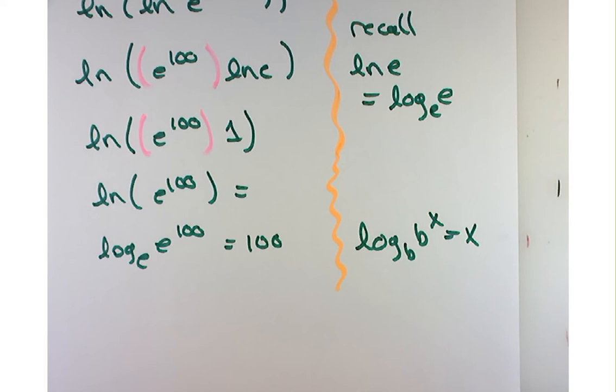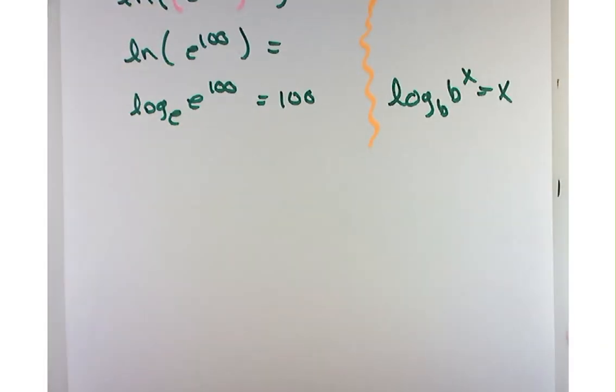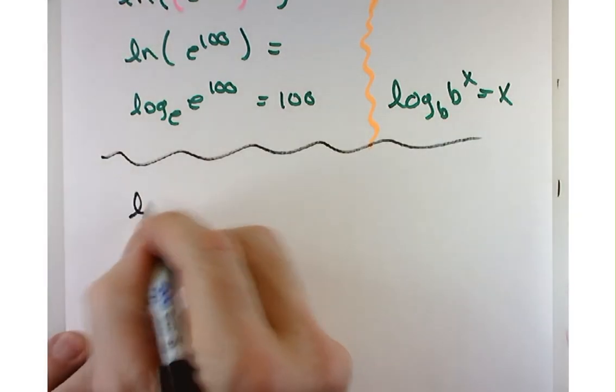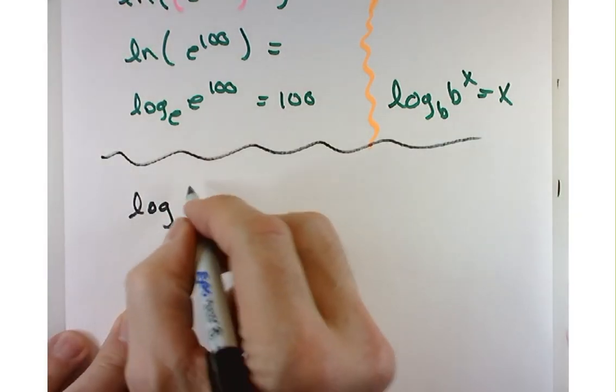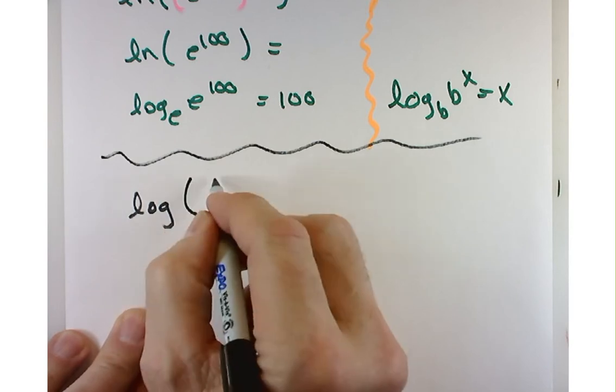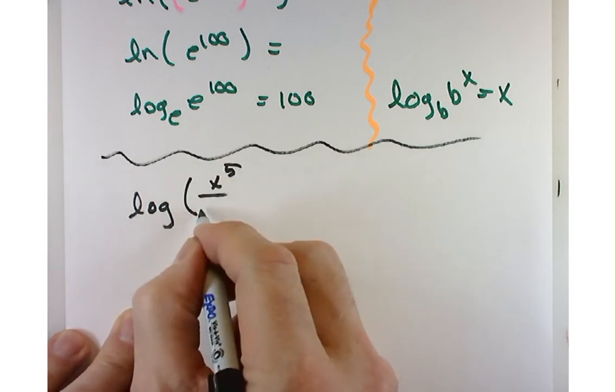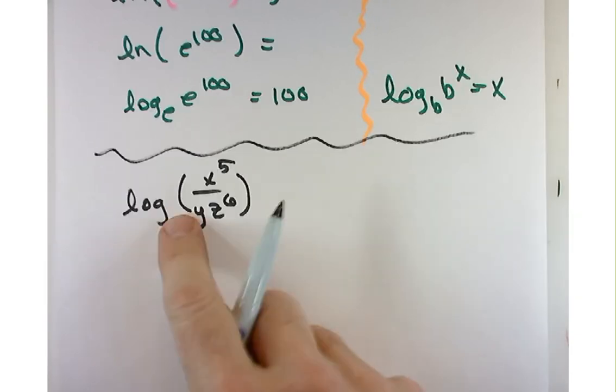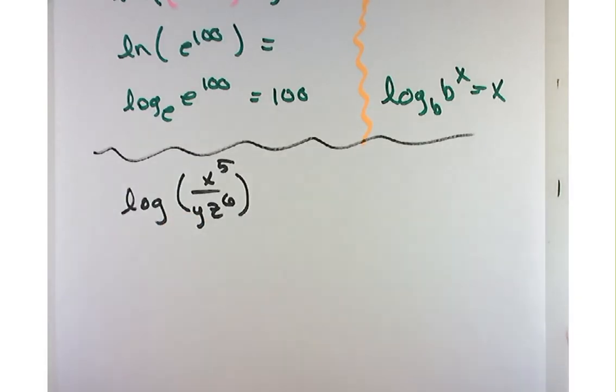All right, let's move on and do another one. Log of x to the 5th over y z to the 6th. Now, there was a base written here. I'm not going to write the base because it's just going to slow me down.